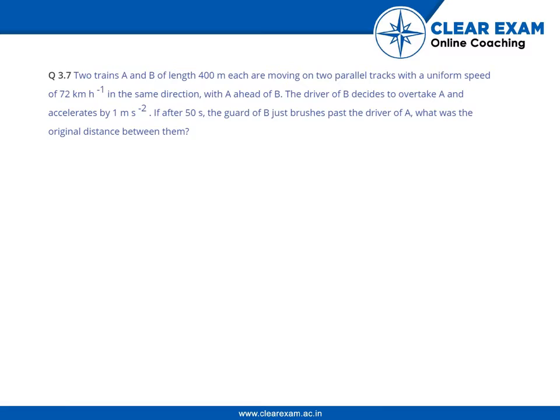And what is the context here? This is train A and this is train B. They both have the same length, so we do not need to worry about the length as of now.